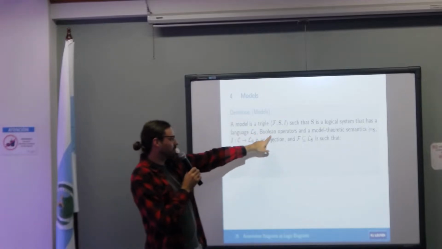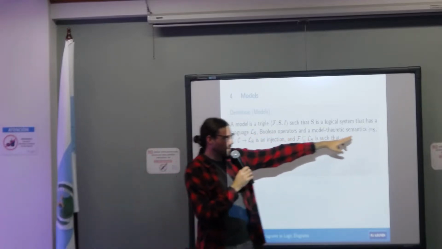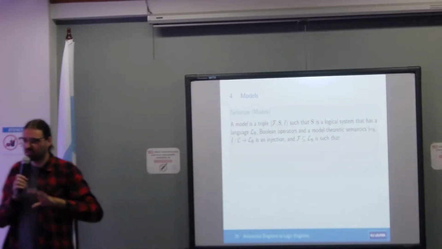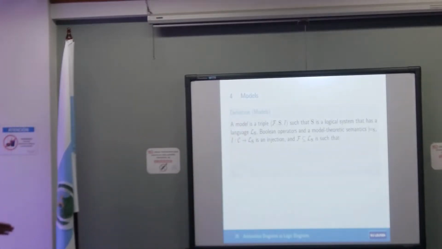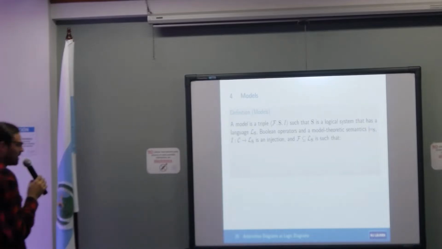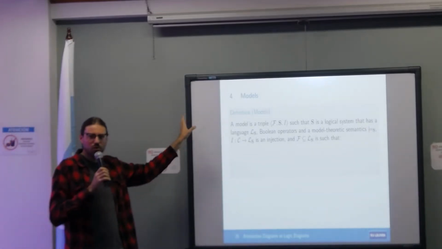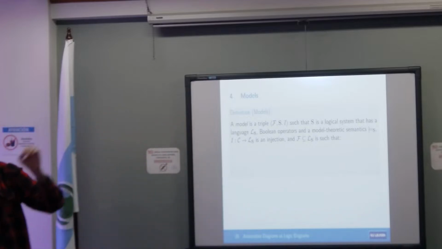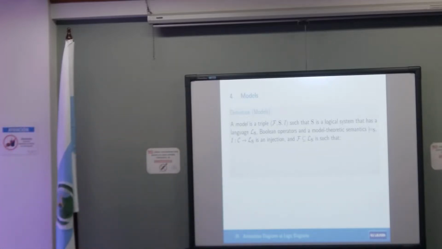This language must have Boolean operators and a model theoretic semantics. This just basically means I'm only interested in this talk in logics that are extensions of classical logic. I want Boolean operators. If you don't have that, then you lose some of the axioms and some of the transformation rules, which is very interesting to think about, but I won't go into that right now.